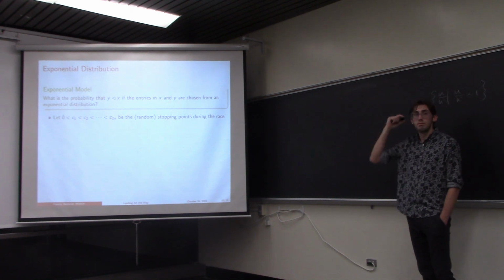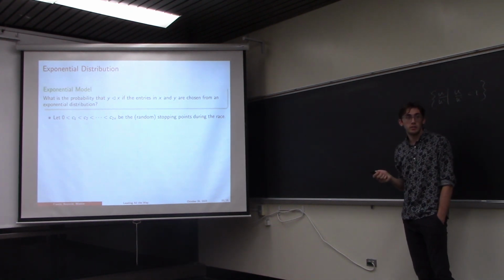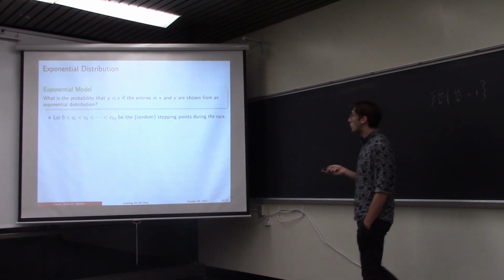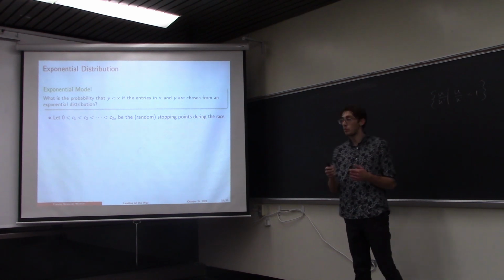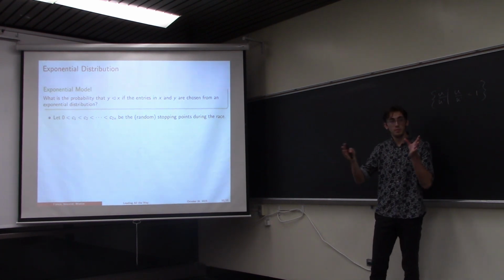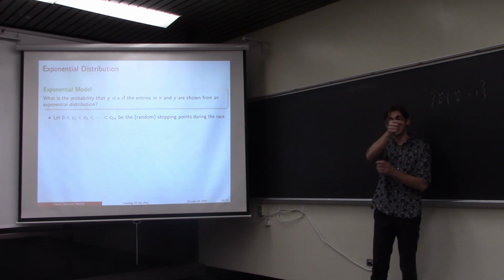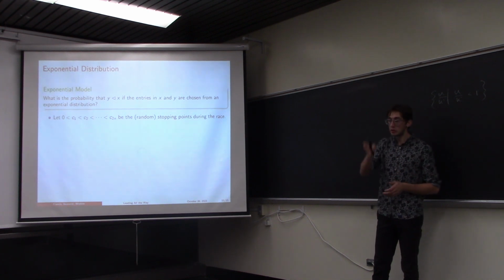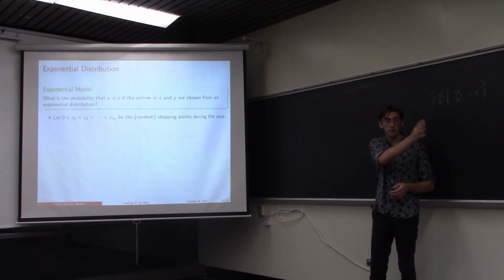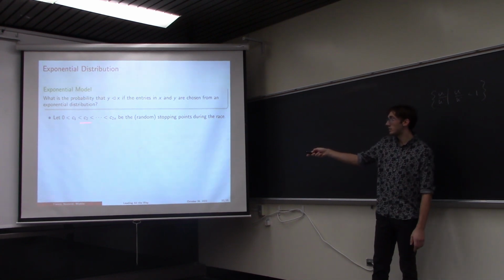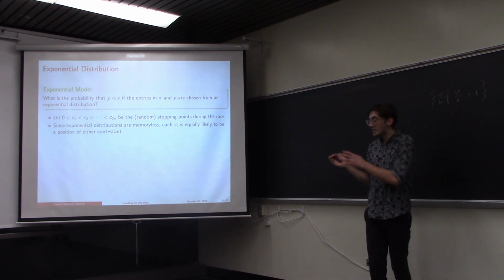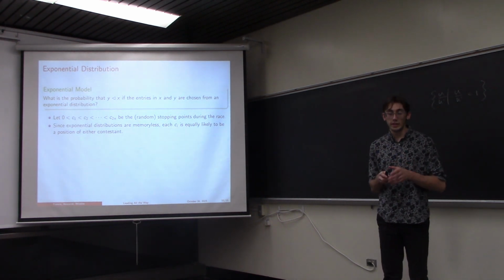And we can pretty easily figure out the answer to this. We're going to let these c sub i's be the random stopping points during the race. So if we go back to that first picture where I showed x's positions and y's positions, any time there's a stopping point for either of the racers, those are going to be the CIs. Now, since exponential distributions are memoryless, what does memoryless mean?